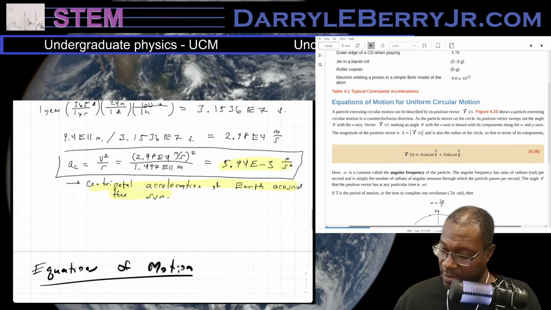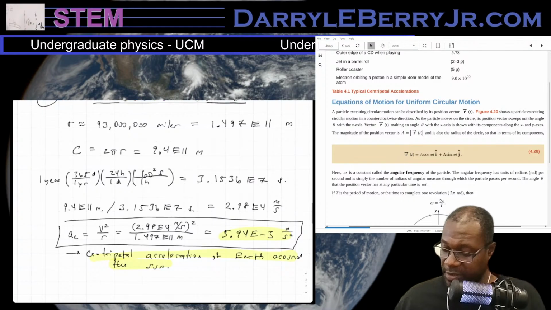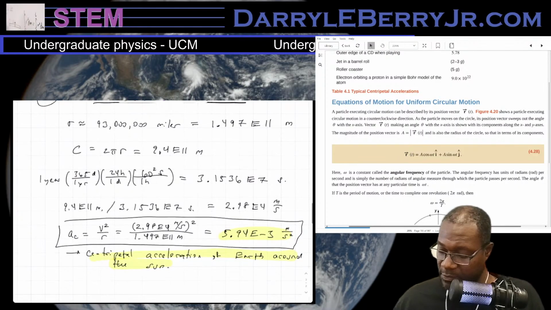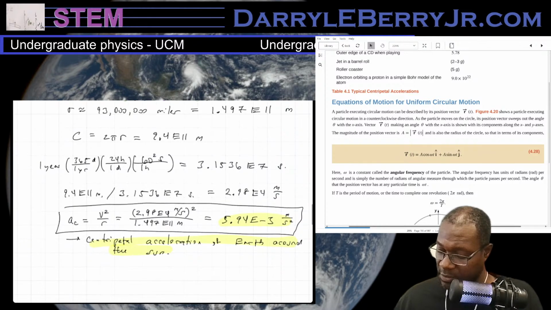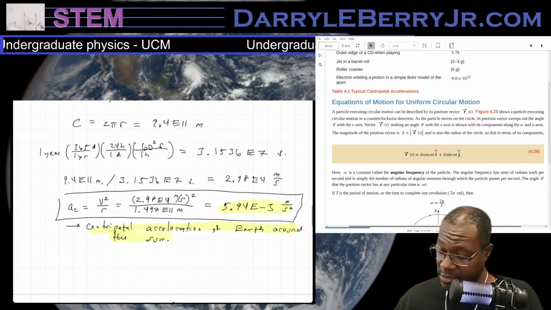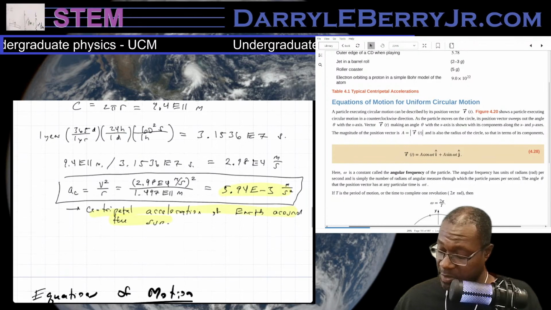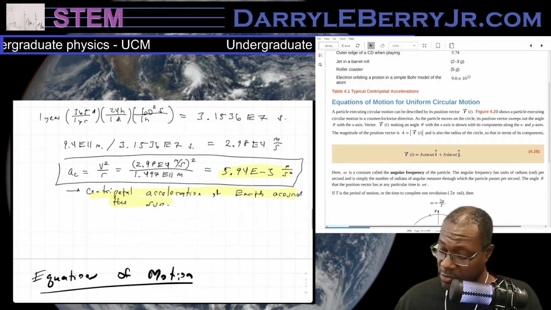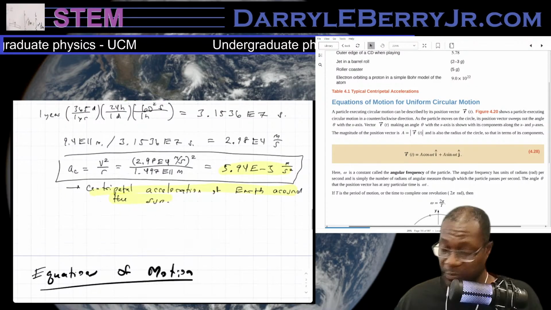Pretty fun problem. A few steps of calculations. The radius is known, measured. Calculate the circumference, convert a year, get the speed of the Earth around the Sun, then just plug into the formula for centripetal acceleration, and we have the centripetal acceleration.